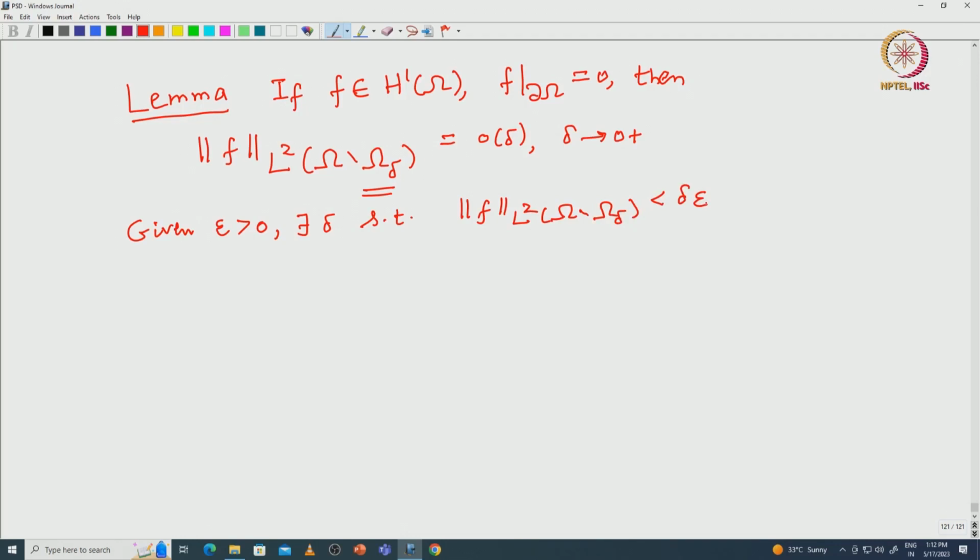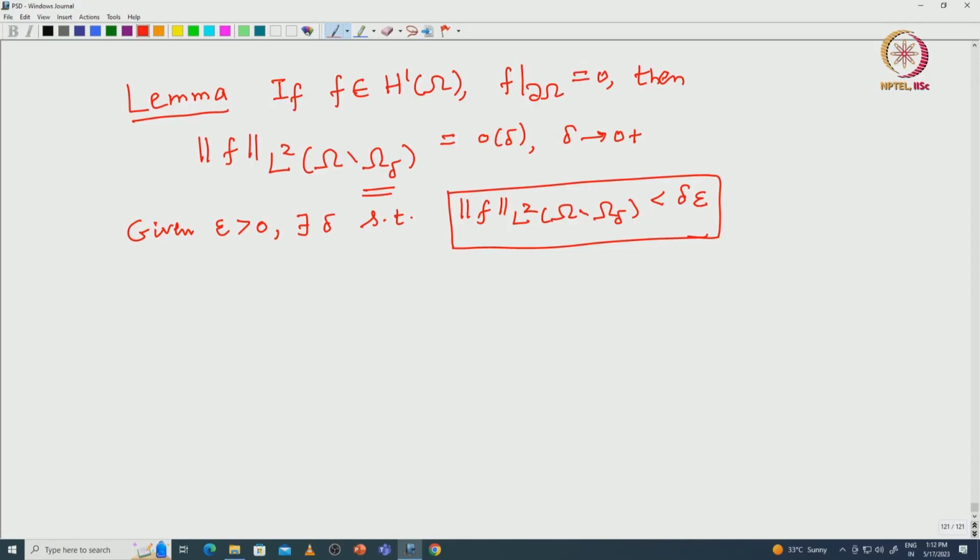After dividing by delta it goes to 0. This is the meaning of that. And of course, this is only for the L2 norm. This we cannot expect for the gradient norm. We will see that.